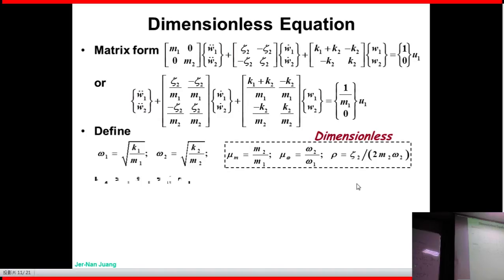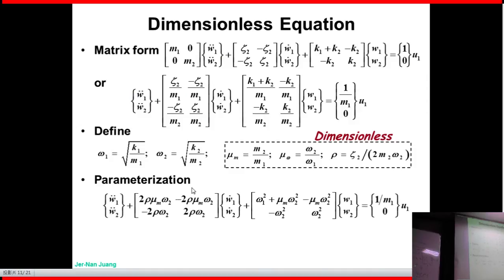All right, let's move forward. So these are three dimensionless quantities. To design a device, we need parameterizations for that. So the whole system, based on those dimensionless quantities, we can rewrite to become this.